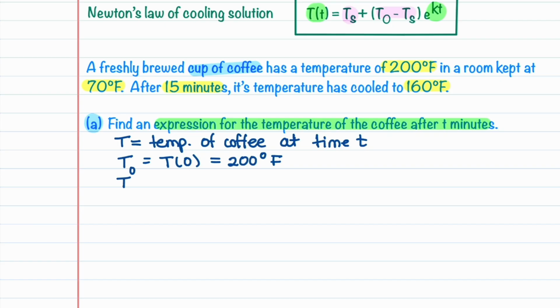So we say that T sub S, the temperature of the surroundings, is equal to 70 degrees Fahrenheit. And then lastly, we're told that after 15 minutes, so that is T at 15, our temperature is 160 degrees Fahrenheit.